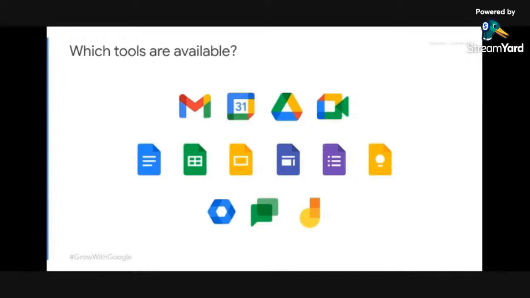But note, there are a few other tools included, such as Google Current, which we'll discuss a bit later on. But these tools are the main ones found via Google Workspace.